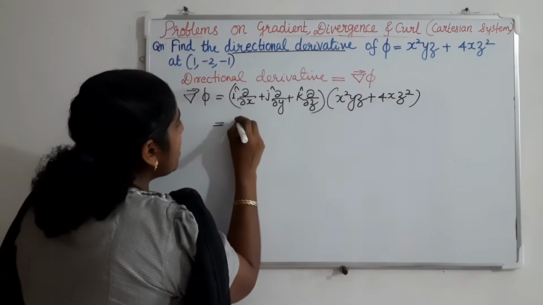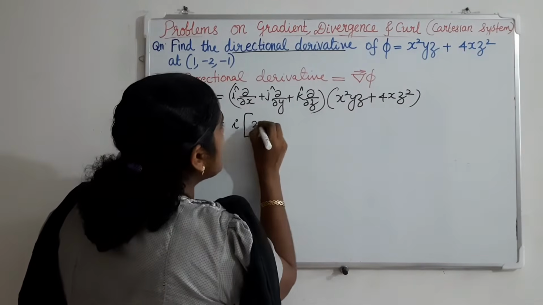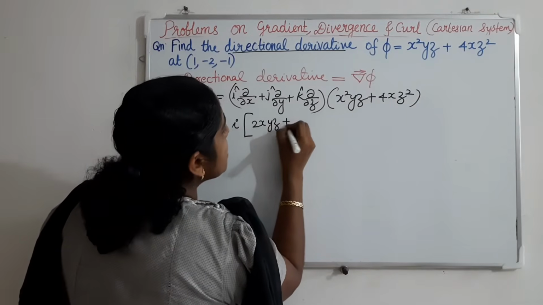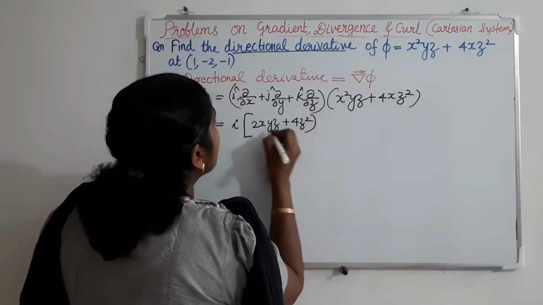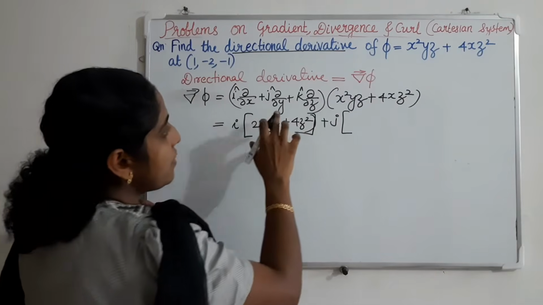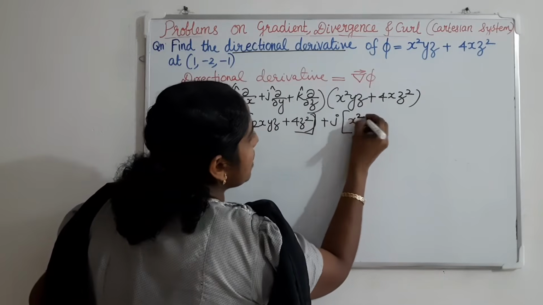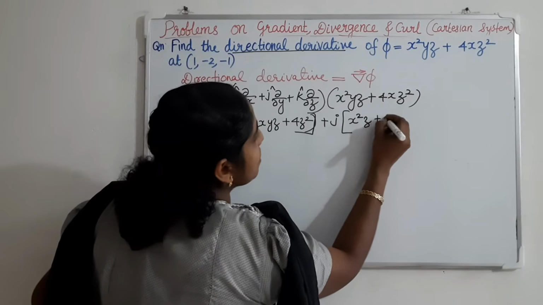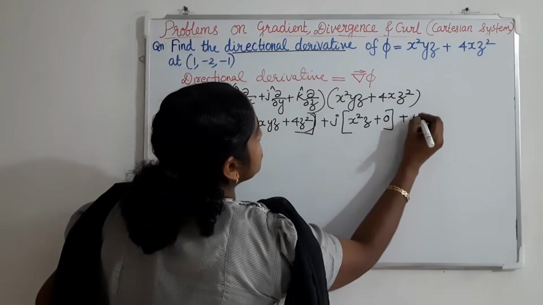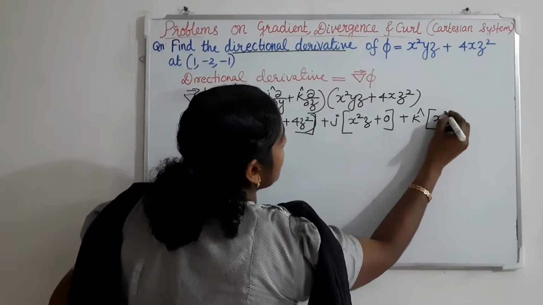That is equal to i into ∂/∂x of this, that is 2xyz plus 4z², plus j into the partial derivative of this function with respect to y, that is x²z plus 0, plus k into the partial derivative with respect to z, that is x²y plus 8xz.